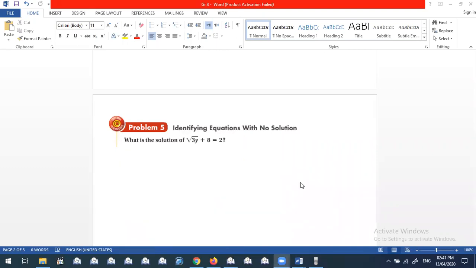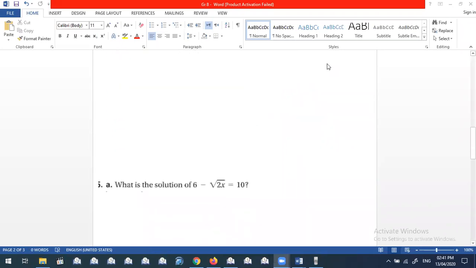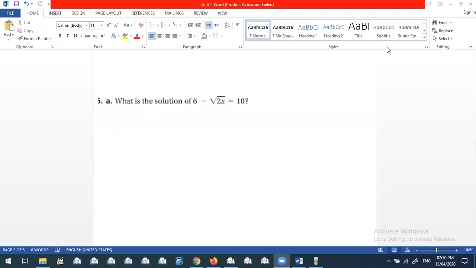The next one. Here in this example, what is the solution of 6 minus square root of 2x equals 10? As usual, move 6 to the other side by negative. So negative square root of 2x equals 10 minus 6, which is 4.